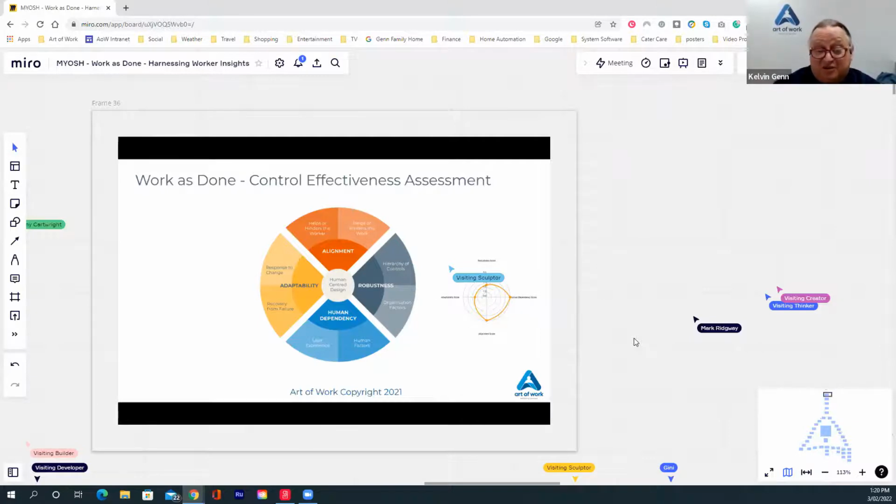We need to understand the human factor. That user experience piece is testing it to see how well it fits with the needs of the users who are applying the control strategy. We need to understand how well it's aligned to the needs of the worker. Does it help or hinder the worker in doing the job? And does it help or hinder the actual work objective that the organisation or the project is trying to achieve in a productive and safe manner?